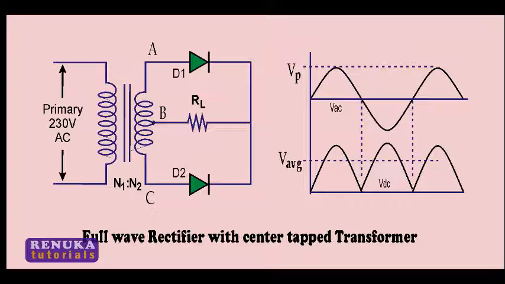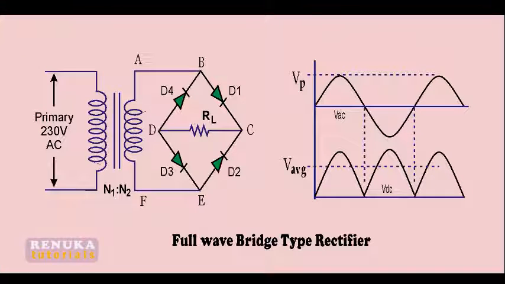One type is the full wave rectifier using two diodes and a center tap transformer, and the second type uses a combination of diodes in a bridge fashion, called a bridge rectifier, and it uses 4 diodes. So these are the applications of PN junction diode.